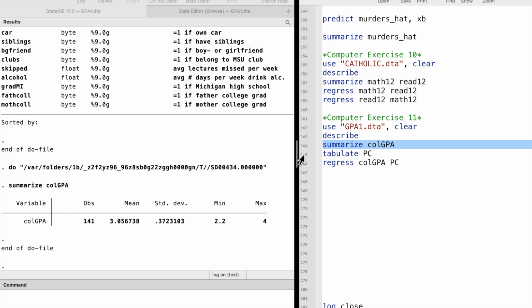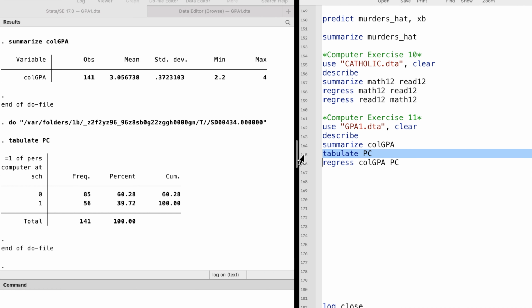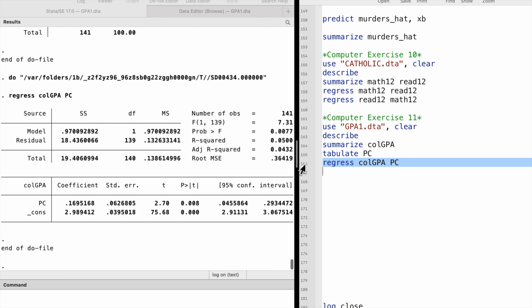The average college GPA is 3.06. The highest GPA is 4. We use the command tabulate to find the frequencies of each category for a binary variable. Out of 141 students, 56 students own a personal computer.